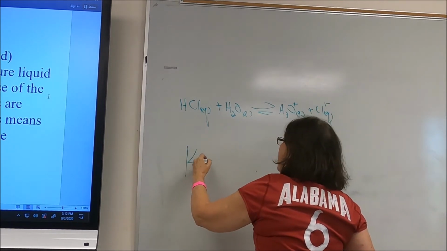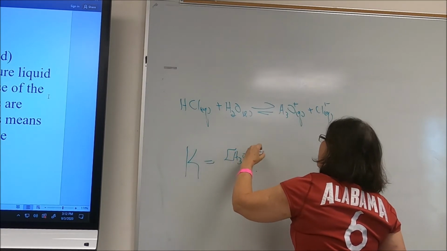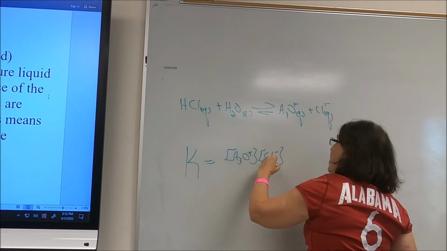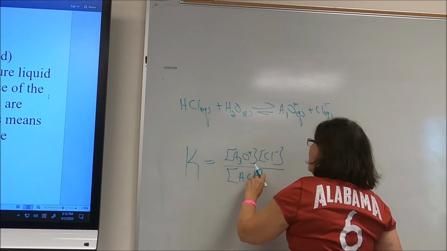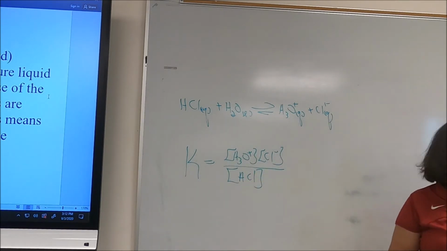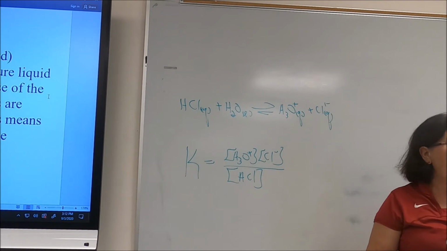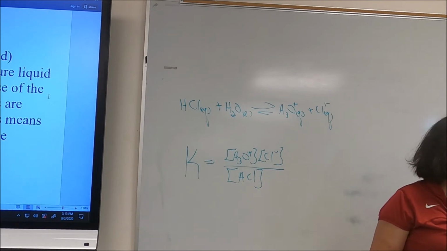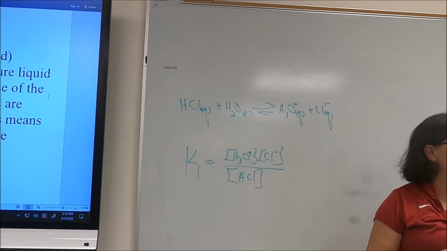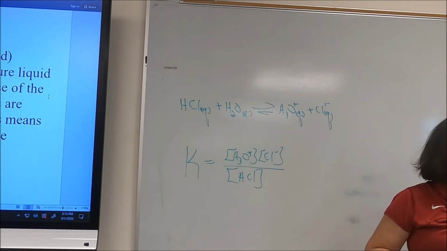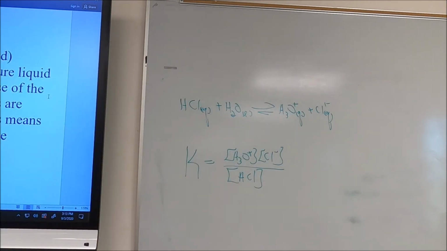If I write the equilibrium expression for this, we have H3O plus times Cl minus all over HCl concentration. The water doesn't appear because it's a liquid. Because pure water has a concentration of 55 molar. Even with this reaction, there's not enough change in the concentration of water to be noticeable. So it doesn't appear in the equilibrium expression.